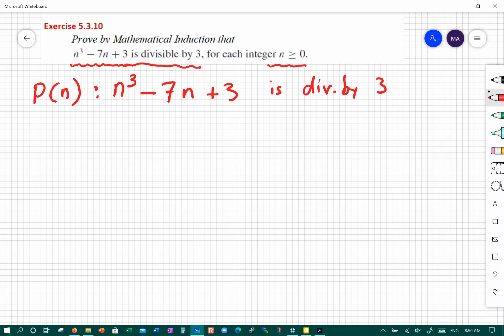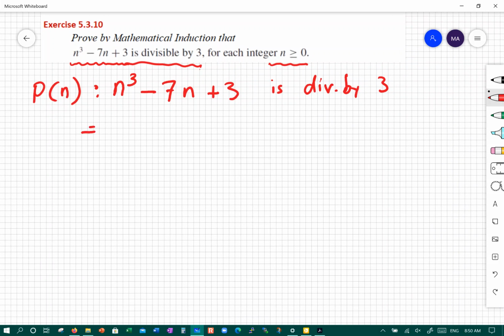We have to clearly write the predicate because we need that formula shortly. Divisibility by 3 can also be rewritten symbolically as saying that 3 divides the expression n cubed minus 7n plus 3.